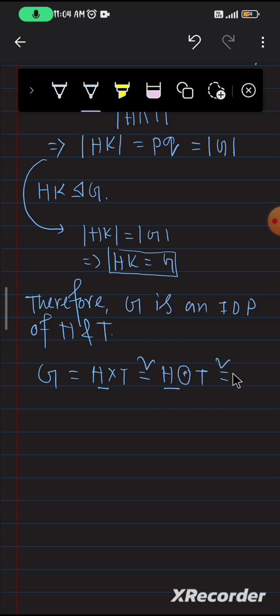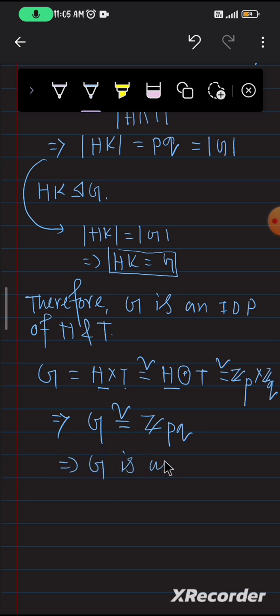So that is isomorphic to ZP cross ZQ. Why? Because H is a subgroup of order P and T is a subgroup of order Q. Both are prime. Prime order implies cyclic, and we know that every cyclic group of finite order is isomorphic to ZP or ZQ. So these imply that G is isomorphic to ZPQ. That implies G is cyclic. I hope you all understand this.